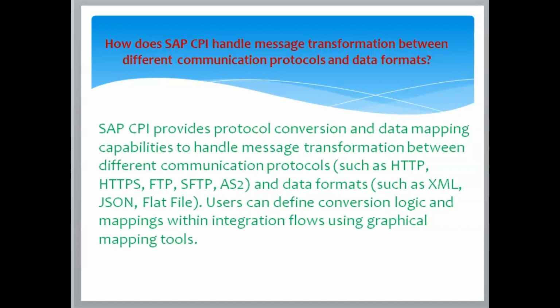Answer: SAP CPI provides protocol conversion and data mapping capabilities to handle message transformation between different communication protocols such as HTTP, HTTPS, FTP, SFTP, AS2, and data formats such as XML, JSON, flat file. Users can define conversion logic and mapping within integration flows using graphical mapping tools.